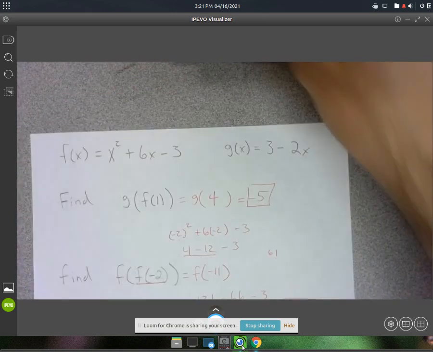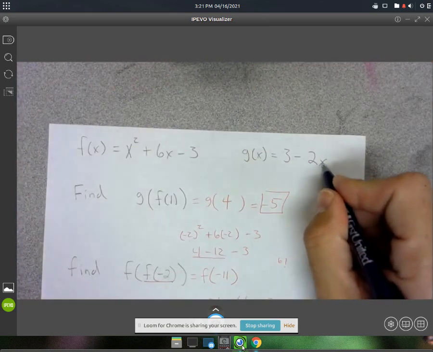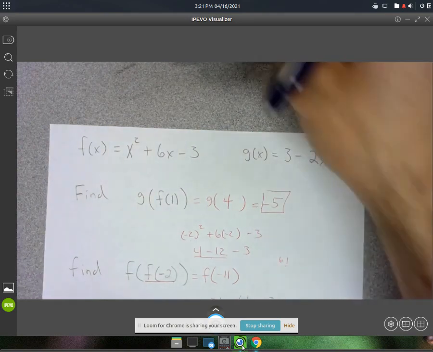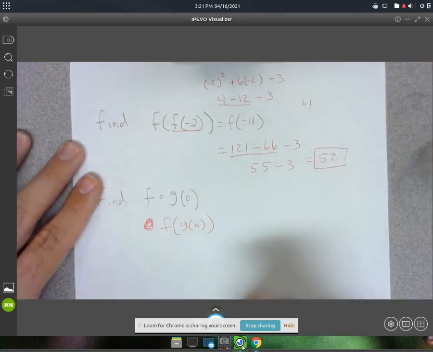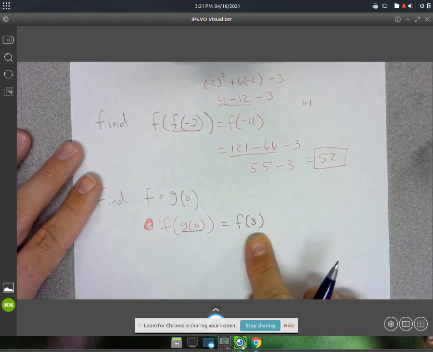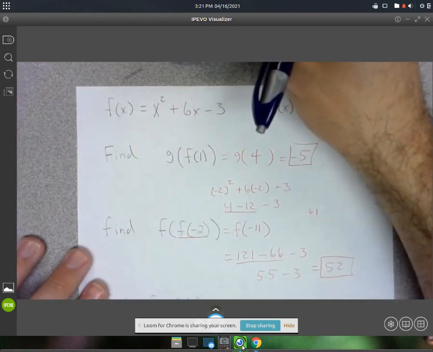All right, so we'll do g of 0 first. G of 0, this thing just cancels itself out, and so you're left with a 3. So g of 0 is equal to 3. And then now we'd have to figure out f of 3. All right, f of 3.